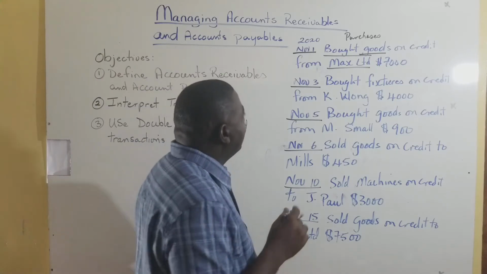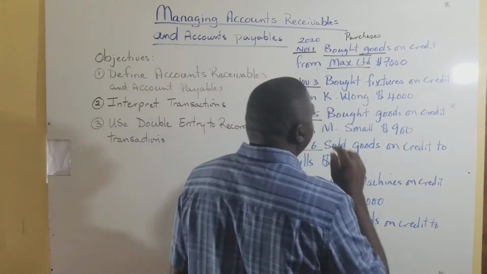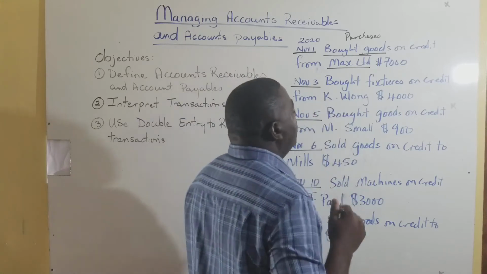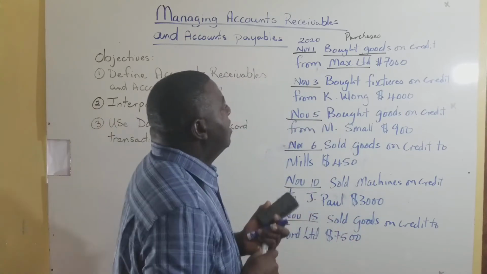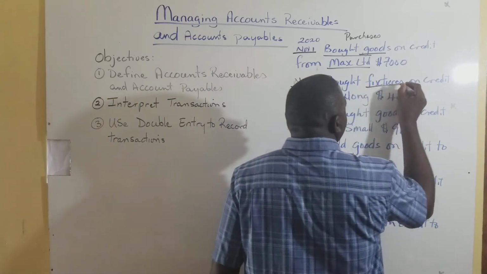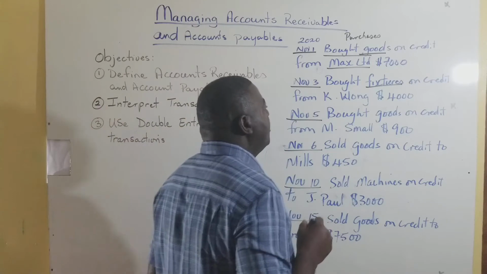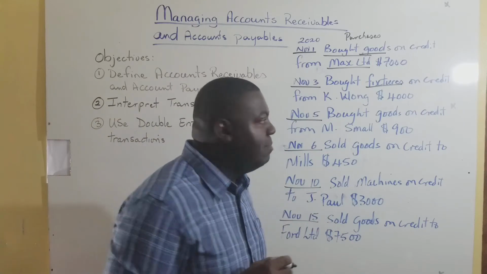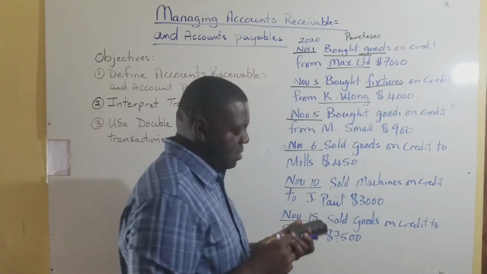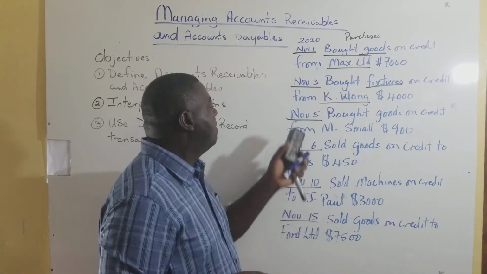Let's go again. November 3, we bought fixtures on credit from K1. Now the question is, what are we buying? We're buying fixtures. So fixture account is open. From whom are we buying it? From K1. So we have identified those 2 accounts. Let's go on a little further.